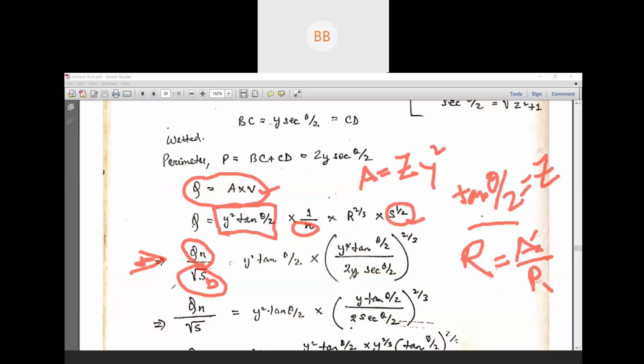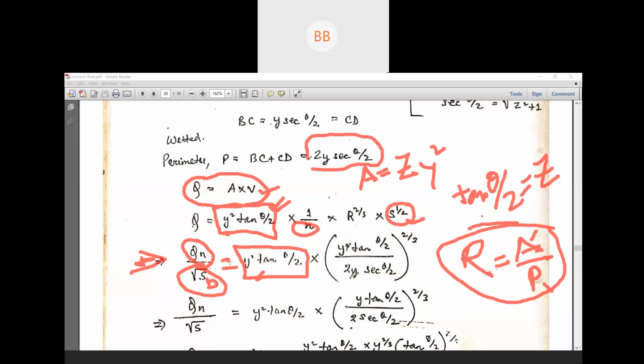Same thing. Okay, then is equal to this y square tan theta by 2 will be left out. Area multiplied by, in place of r, we are going to substitute a by p, area by weighted perimeter. So area is nothing but we can write this expression again, y square tan theta by 2, then divided by weighted perimeter.